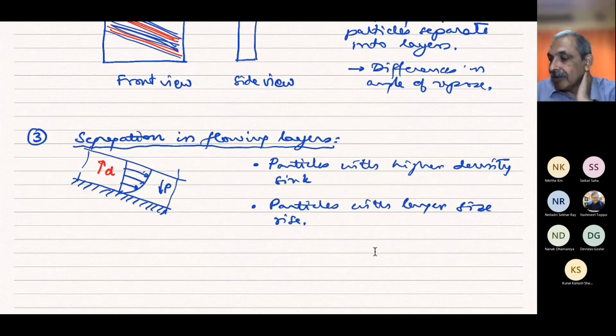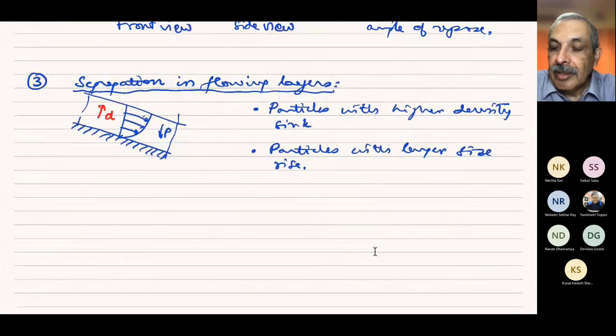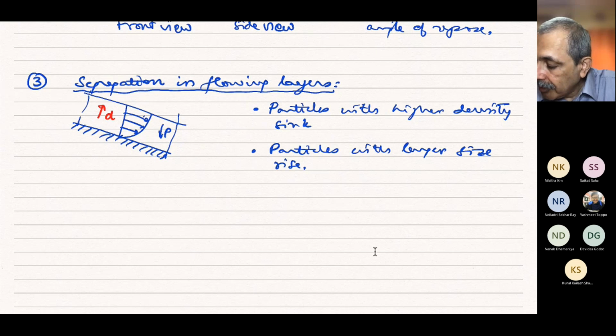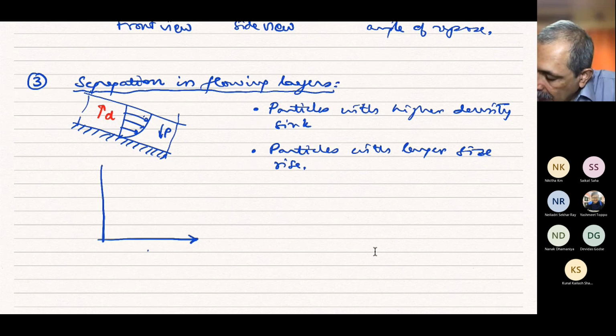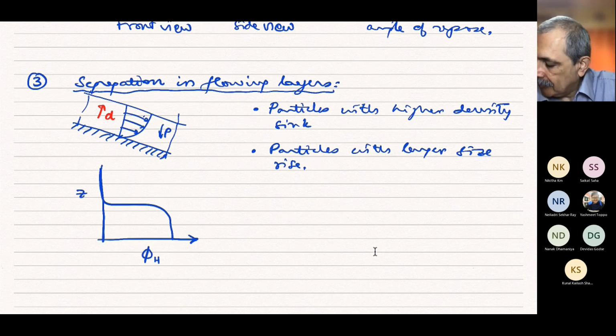So this is something that has now been widely accepted, and what you will find is that after some time, let's say if you're dealing with particles of two different densities, then if you plot the volume fraction of the heavier particles versus the height, you will find a profile like this.